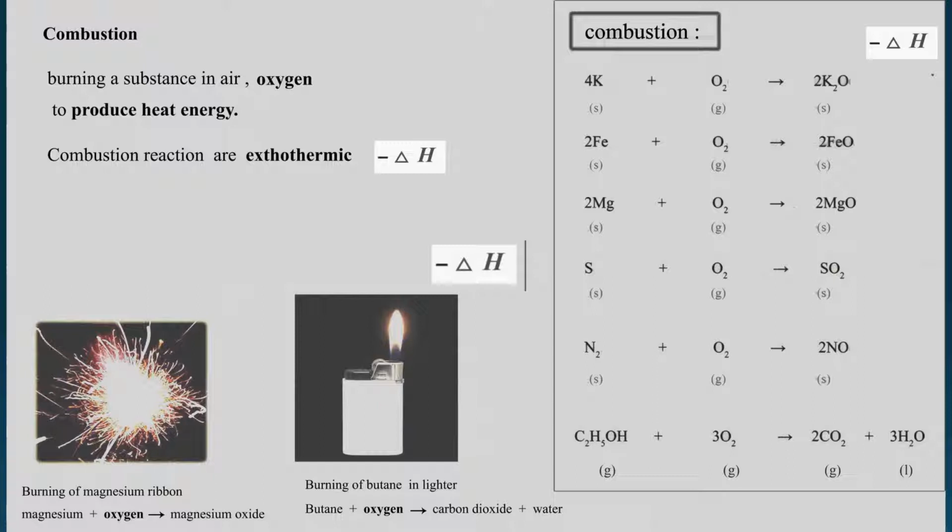As on the table, you can see this list of substances all react with oxygen: sulfur, potassium, iron, magnesium. Combustion means the substance reacts with oxygen. They all form an oxide, and the energy is always released, so they are exothermic.